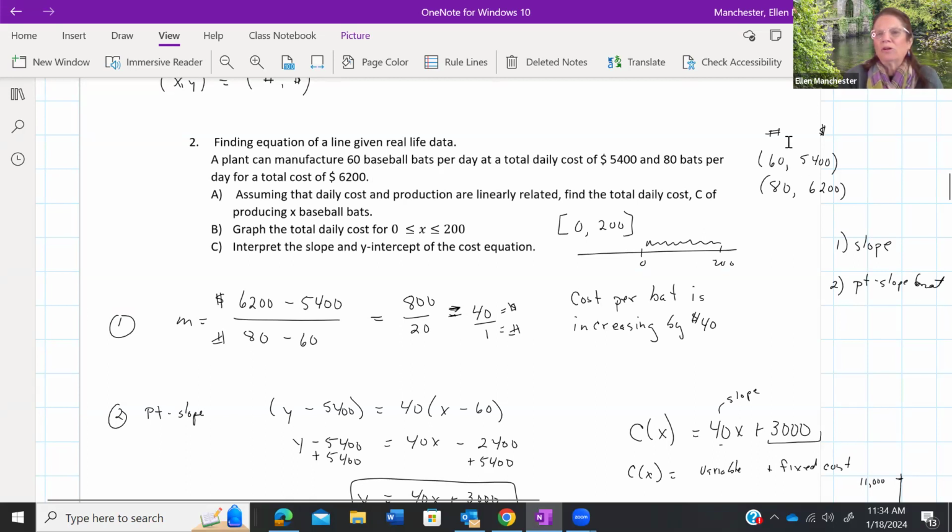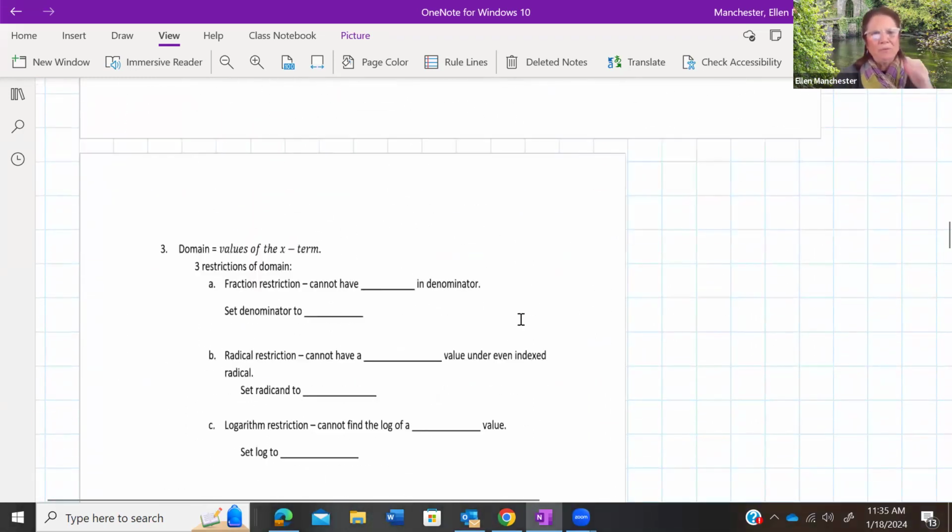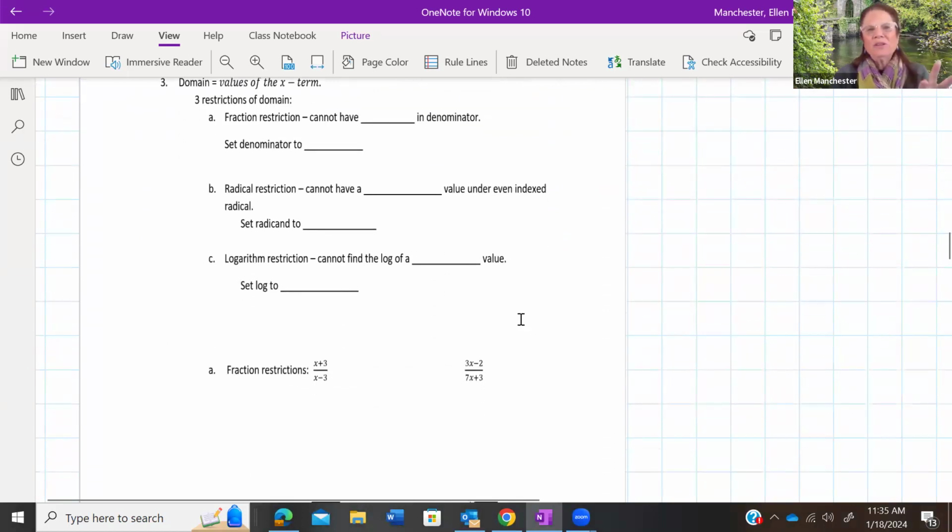And remember, in your ordered pair, the X is always the number of products and the Y is the dollar amount. That will happen every single time. You'll never have to switch that. Okay, moving on. The other thing in your review topics is just understanding domain.